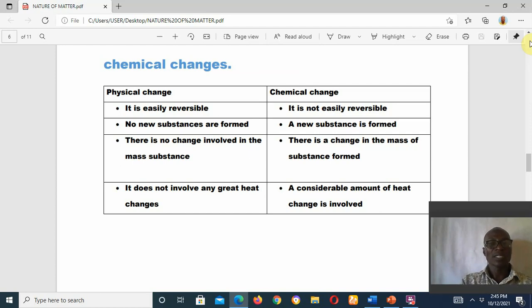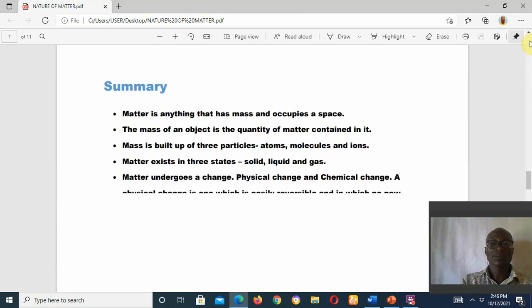In physical change, there is no change in the mass of the substance, but in chemical change, there is a change in the mass of substance formed. Physical change does not involve any great heat changes, but chemical change involves a considerable amount of heat change.